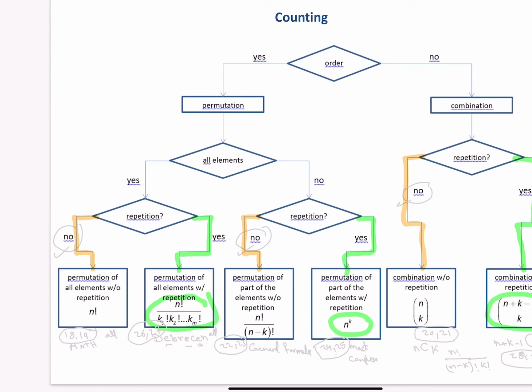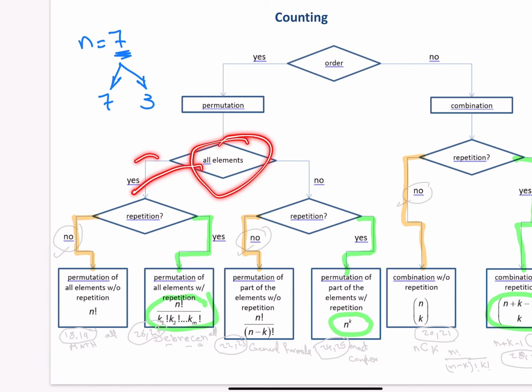Once we know that order matters, it will be permutation. In permutation, I have to ask myself whether I'm using all the elements. For example, if n equals 7, I'm going to use the 7, or part of it, 4 or 3 or whatever. If I'm using all of them, I have to go to yes.